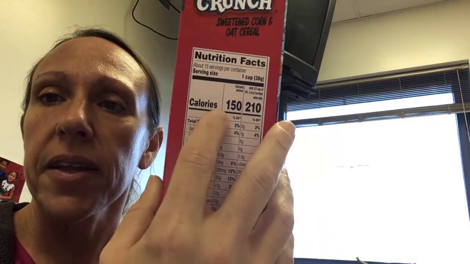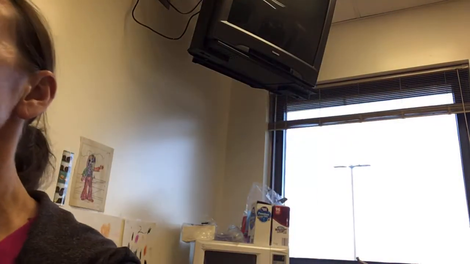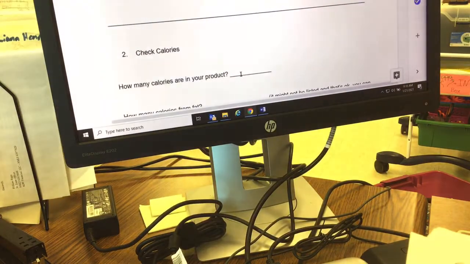If I am adding milk, this is with 2/3 a cup of vitamin A and D fortified milk, that's the calories. But this right here, 150 calories for every 1 serving. So I'd be typing that in on my next line.